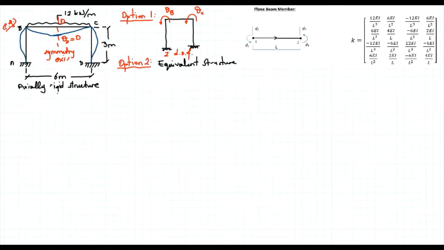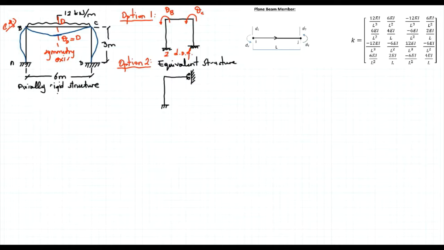To show that, I can draw this column, and I will draw just half of the structure. So I have a fixed roller here. Fixed roller means that the rotation is 0, but this point is free to translate.